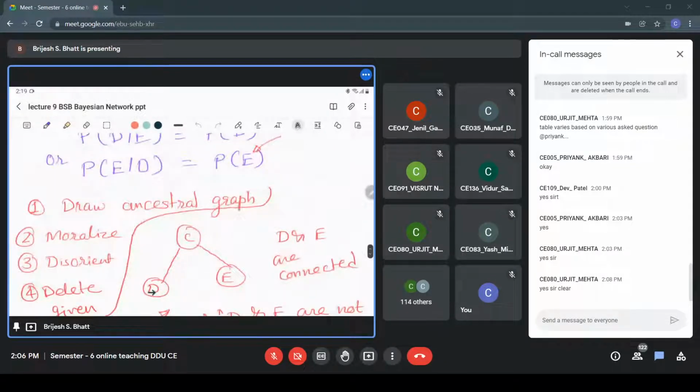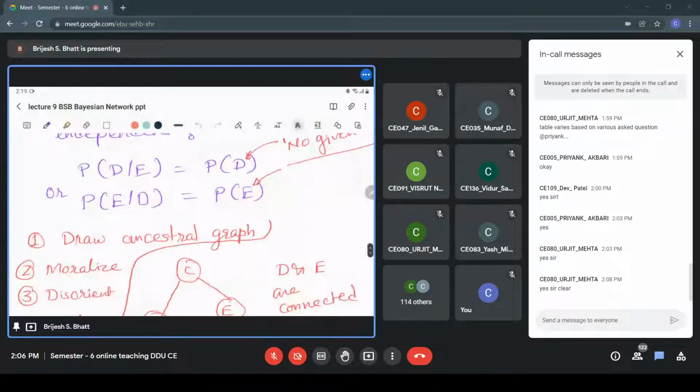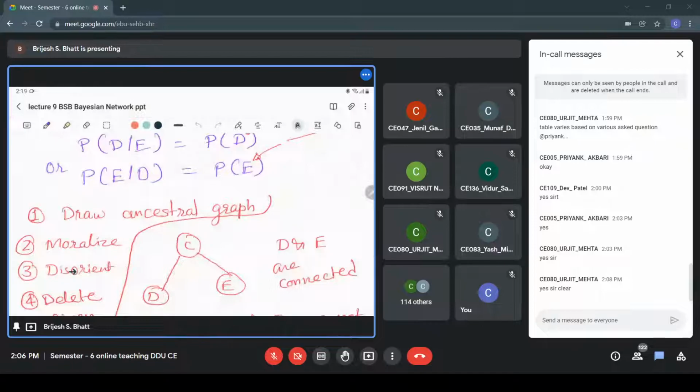Ancestral graph will be D, E and the parent of D and E, that is C. C was not part of the query, so parents of C are not required. So after ancestral graph, moralizing, disorienting, everything, you are left with C, D, and E, with edges between C and D and C and E.